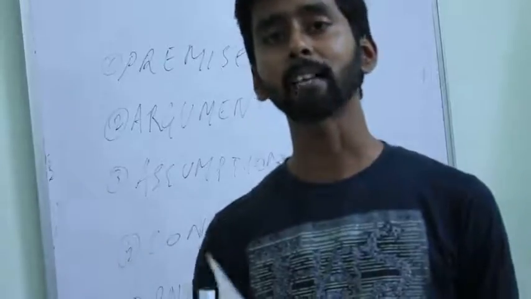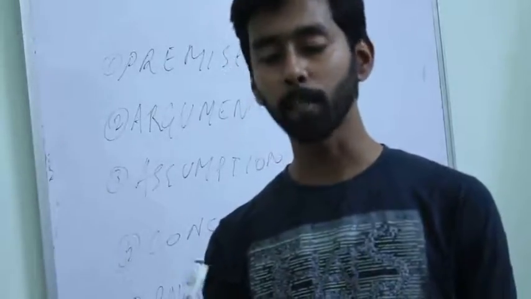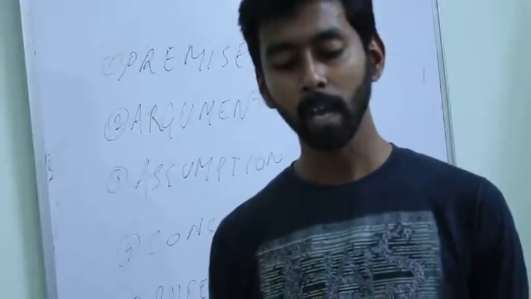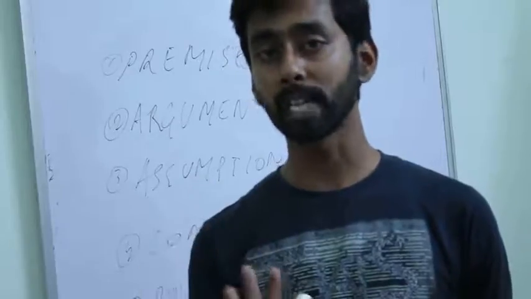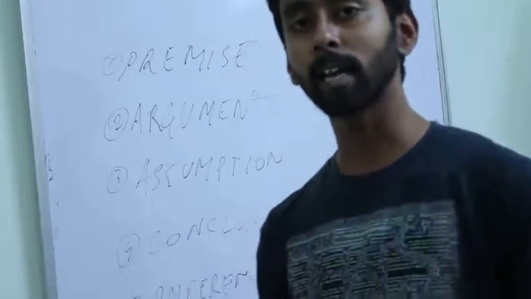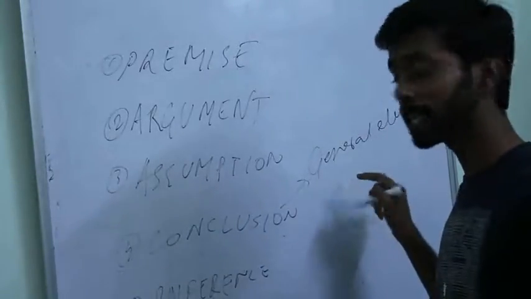Now as far as the difference between inferences and conclusions is concerned, it is very important to note that conclusion talks about a specific class based on a general statement. As I said, conclusion follows from general elements and talks about specific elements.